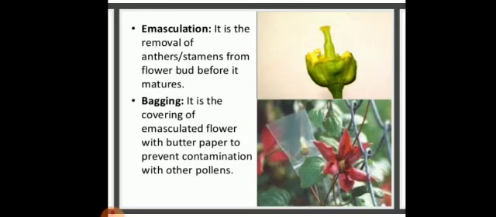The desired pollen grain is deposited on the stigma and later the flower is bagged, covering the emasculated flower with a bag to prevent contamination with other pollen.